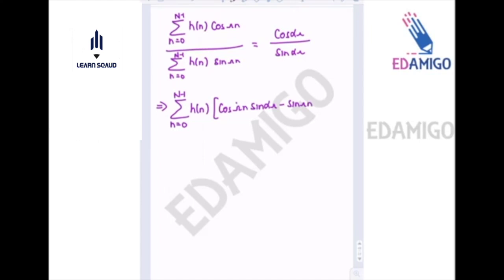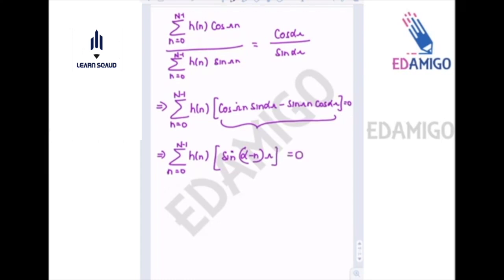Now this will become a sine term. So this will become sine of alpha minus n into sigma is equal to 0.